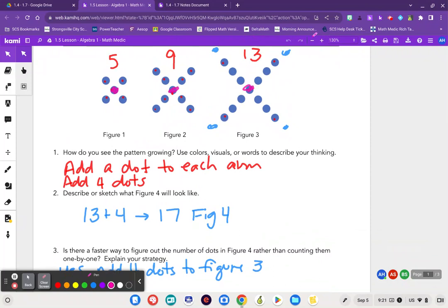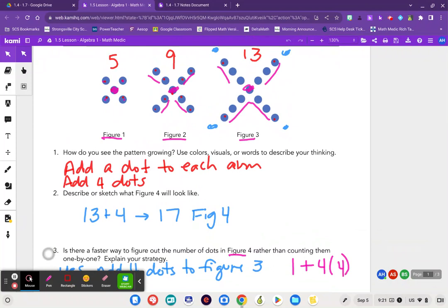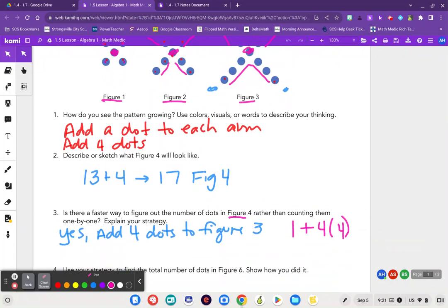And so I've got this 1 dot in the middle plus figure 1 has 1 dot on each arm. And figure 2 has 2 dots on each arm. And figure 3 has 3 dots on each arm. So figure 4 would have 4 dots on each arm. And there's always 4 arms. And so I'm going to label these things so that we can follow along a little better. That 1 dot is the middle dot.